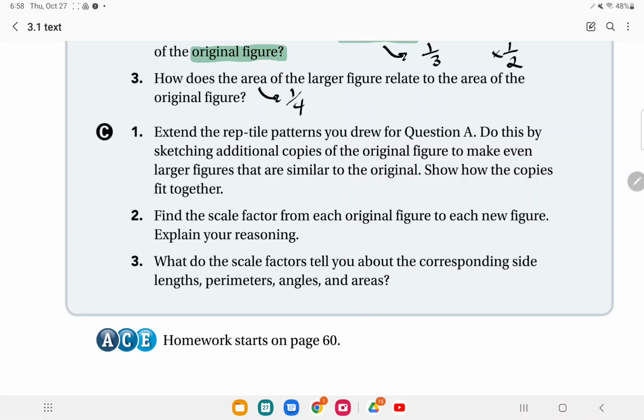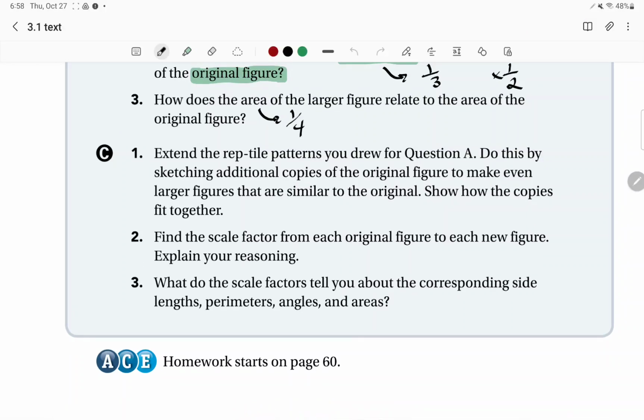And 2 and 3, we already talked about looking at the scale factors. What do those scale factors tell you about side length, perimeters, angles, and areas? I guess the one thing we didn't talk about was the angles. But remember, if we are creating similar figures from smaller congruent figures, remember, similar figures, no matter how much larger or how much smaller, the angles always remain the same.